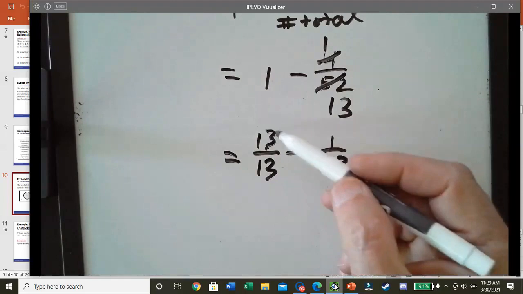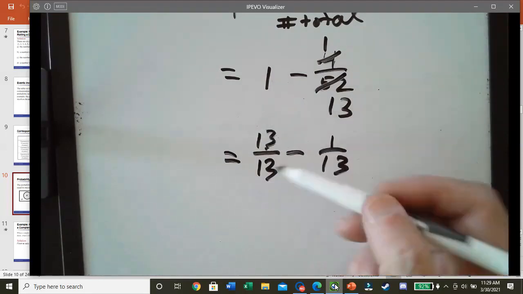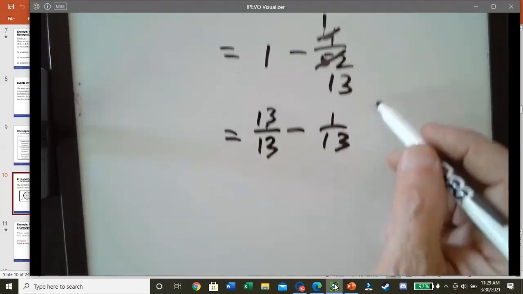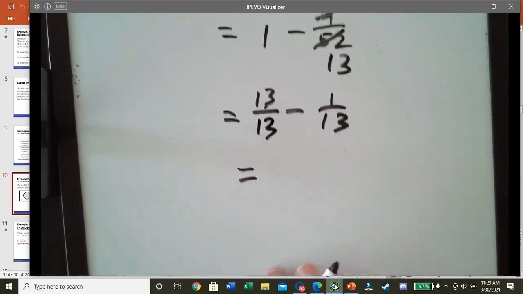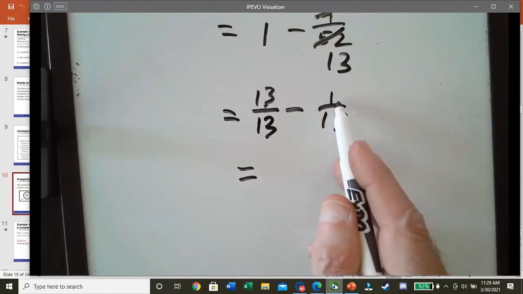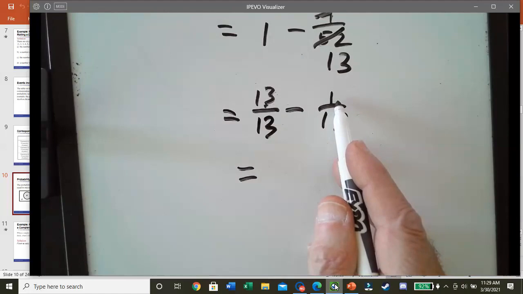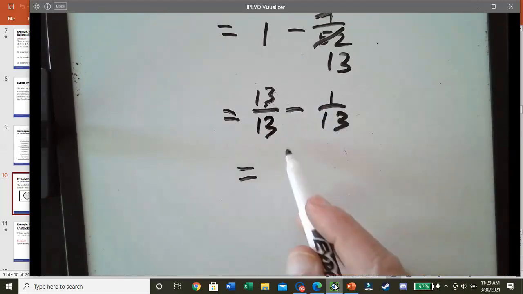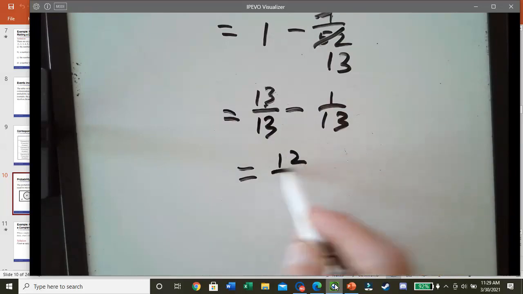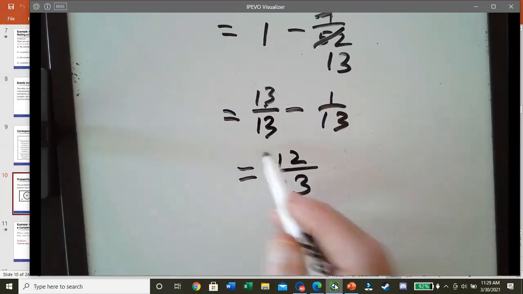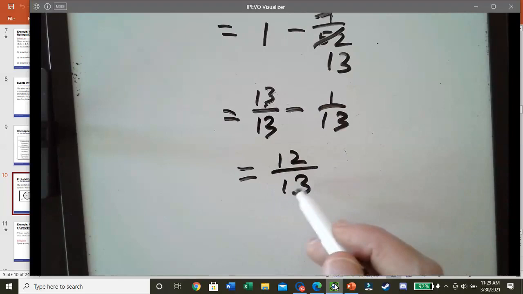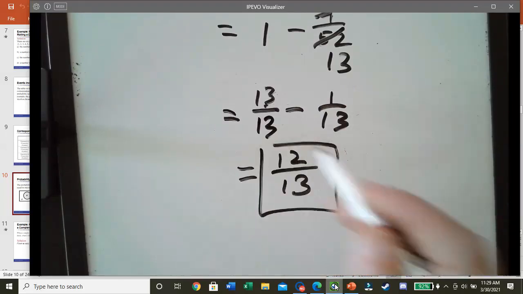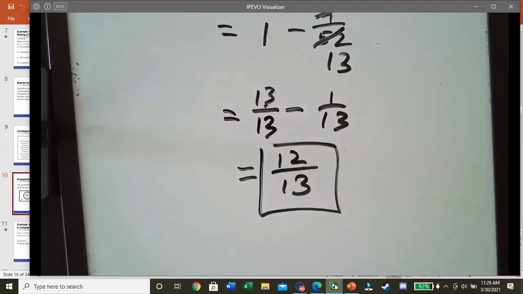So you just change the 1 to whatever this denominator is, and now we can subtract, right? 13 minus what is what? What's 13 minus 1? 12. So our answer, and we can't simplify that any further because 13 is a prime number, our probability is 12 over 13.